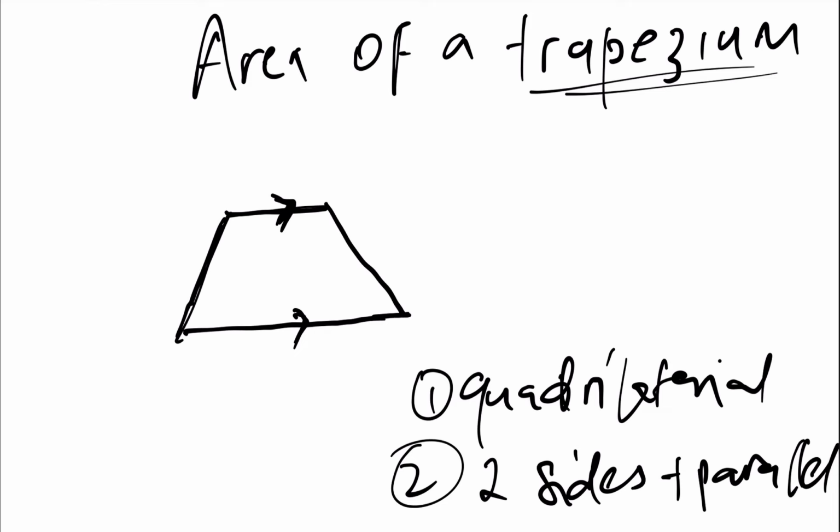Whereas a parallelogram, just like this square, this side is parallel to this one, and this one is also parallel to this one.